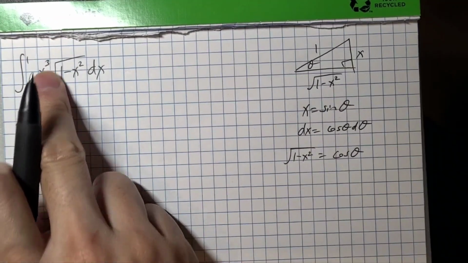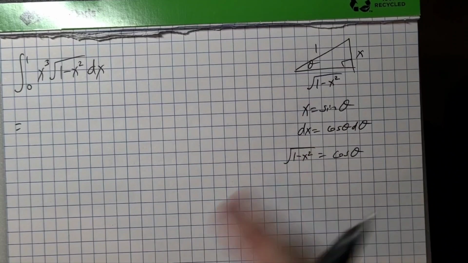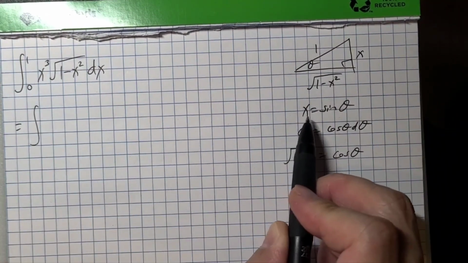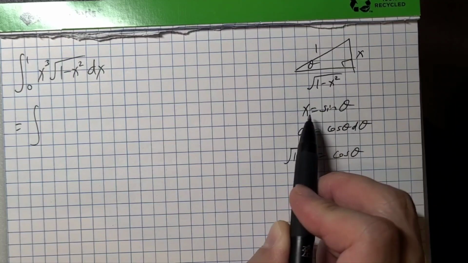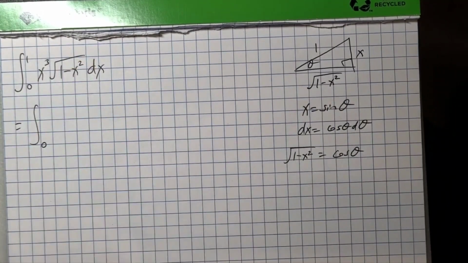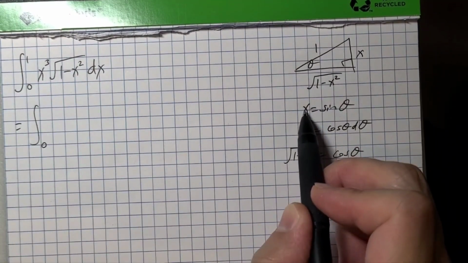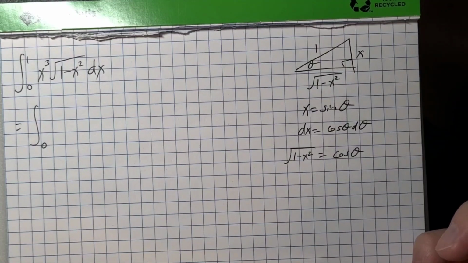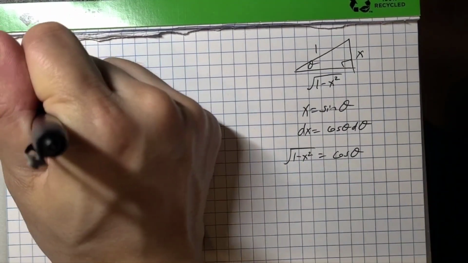Oh, we have to switch our limits of integration because we made a substitution. So when x is 0, what is theta? Sine theta is equal to 0, so theta would be 0. How about x is 1? When x is 1, sine theta is equal to 1. At what theta does that happen? Theta is pi over 2.